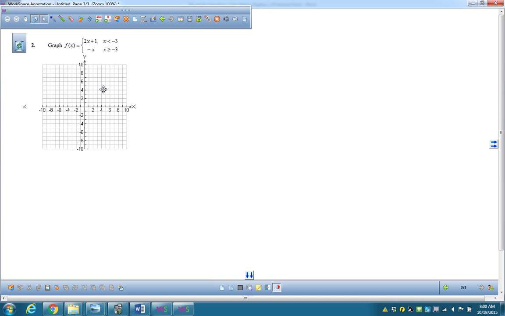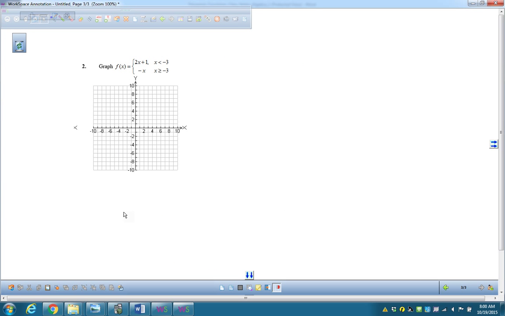Graph 2. Okay? Here it is. So I'm going to start at the transition point, -3. So I'm going to plug in -3 into the top function. What do I get out if I plug in -3 into this top function? -5, right?